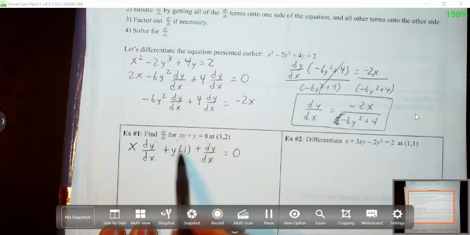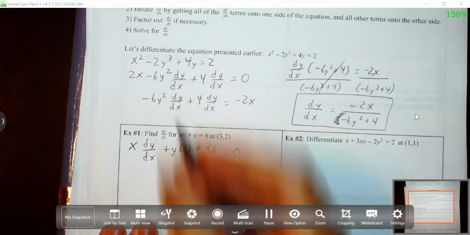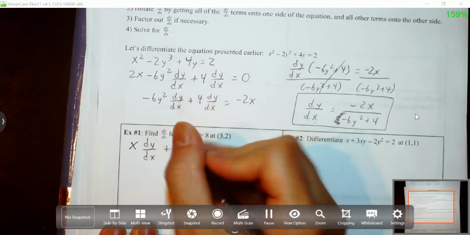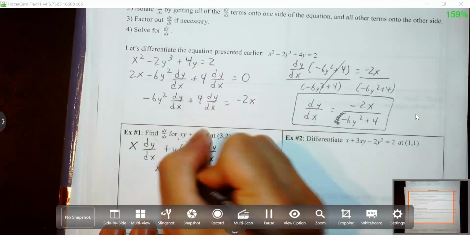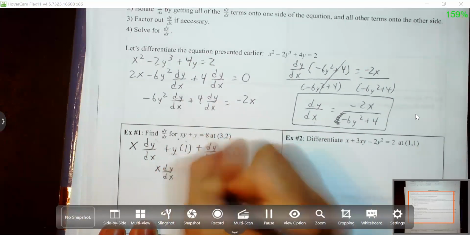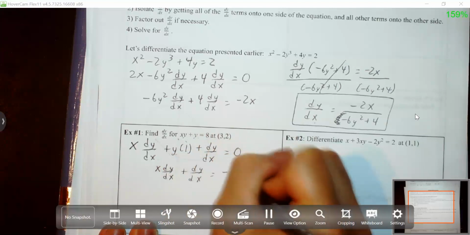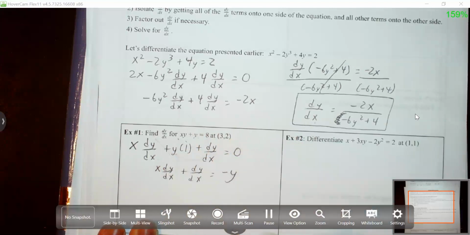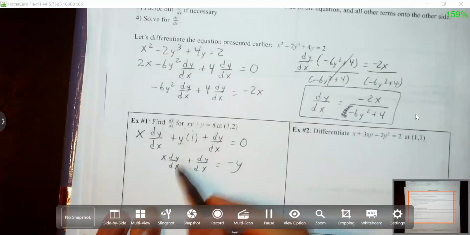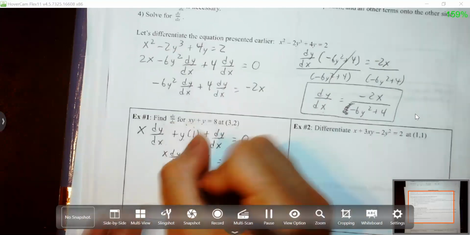Now next thing, anything without a dy/dx, I bring to the other side. So this is just a y by itself. That's going to go here. And then I'm going to factor out a dy/dx here.